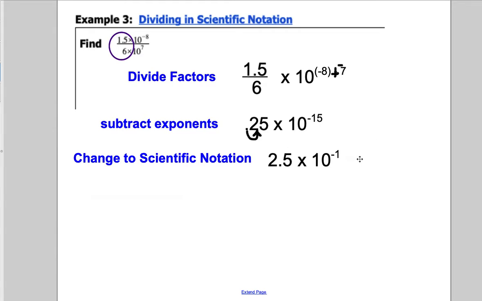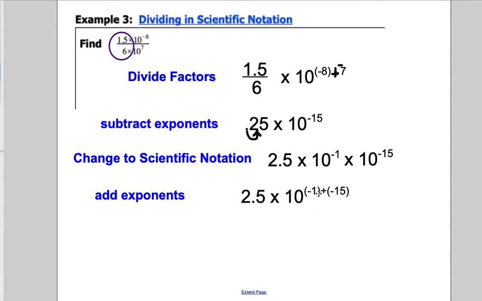Now I have to take along that 10 to the negative 15 as well. And now I'm down to a problem that says 2.5 times 10 to the negative 1 times 10 to the negative 15. This is all multiplication. So this is where I have to go back in now and add my exponents. 10 to the negative 1 plus negative 15 gives me 2.5 times 10 to the negative 16, and I am done.